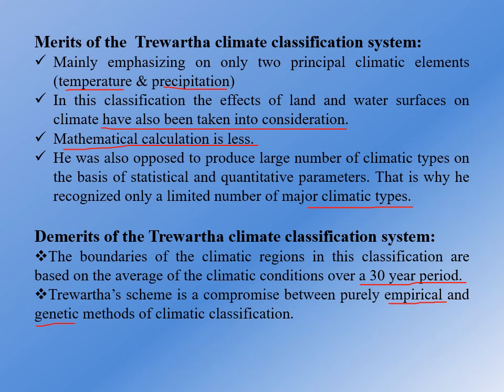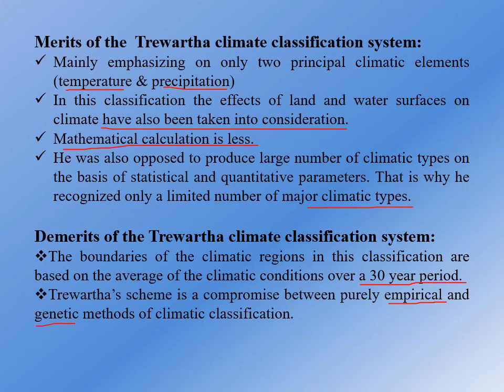So these are the three main climate classification schemes proposed till date. Different people followed different climatic classification schemes, but till date the most accepted and most widely used classification scheme of climate is the Köppen classification scheme.